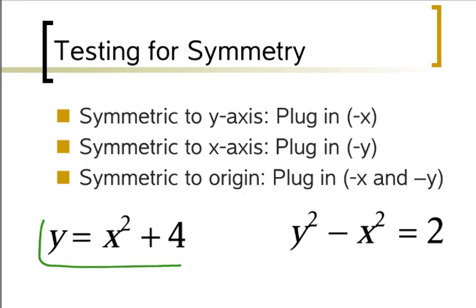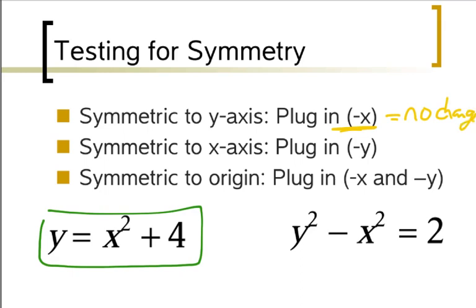So this is a parabola, but we don't have to graph it. We just have to figure out what it's symmetric to, and we do that by plugging in a negative x in for x. Okay, so if I plug a negative x in for x, what I'm looking for is that the equation will not change. So no change.